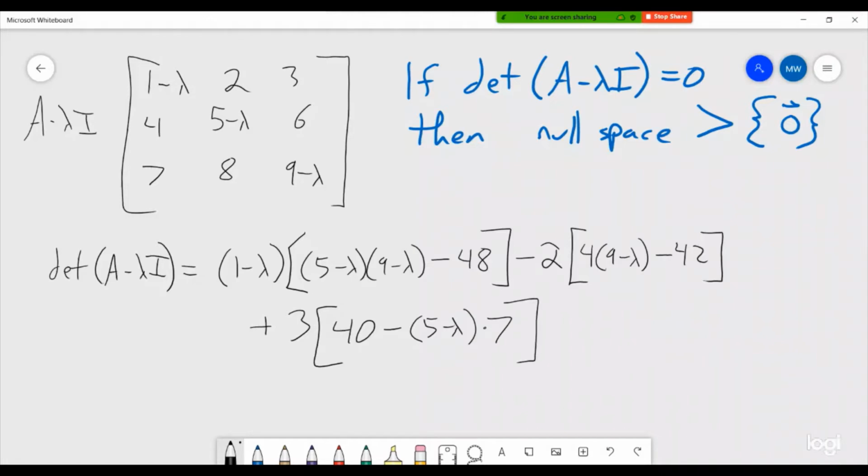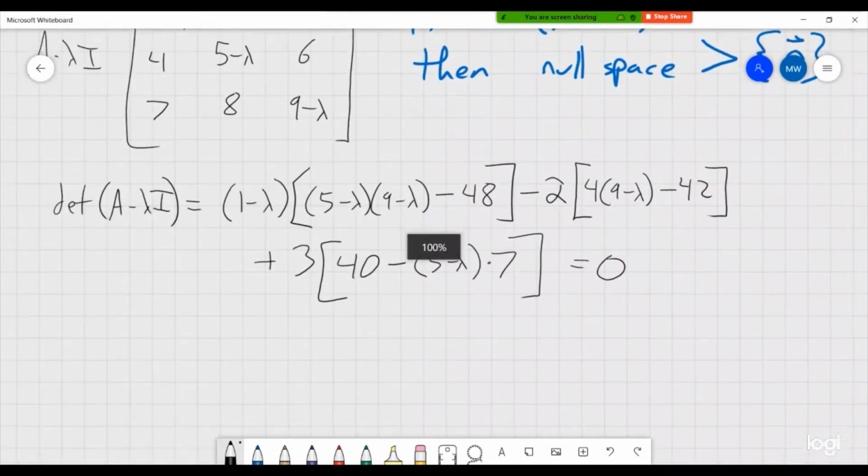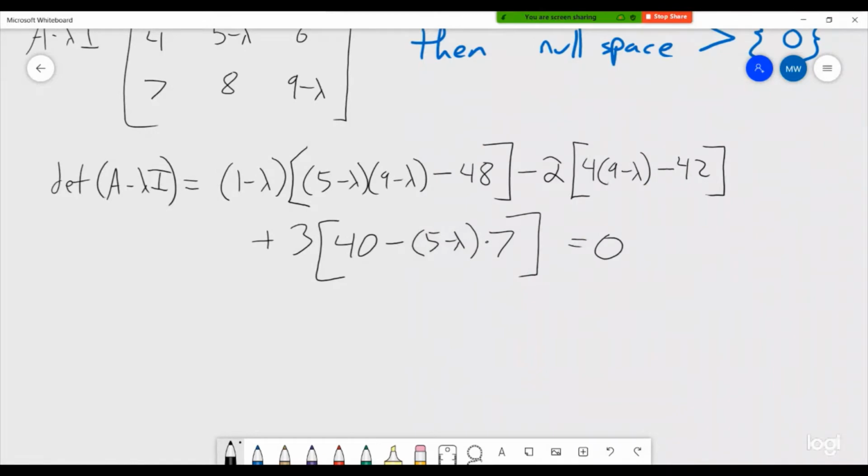So that's going to be the determinant, and we set this equal to 0. Our goal now is to solve for what lambdas are going to make this determinant be 0. Whatever lambdas we get are going to be the eigenvalues, and then from there we can find the eigenvectors.